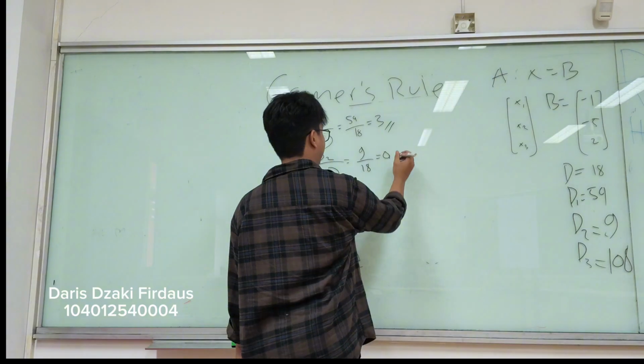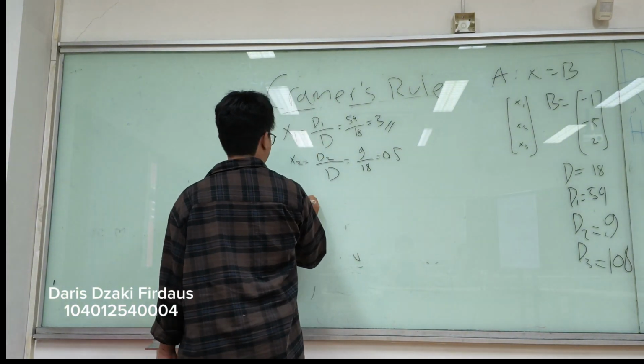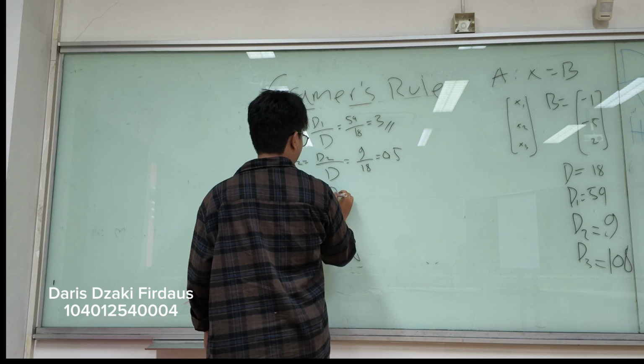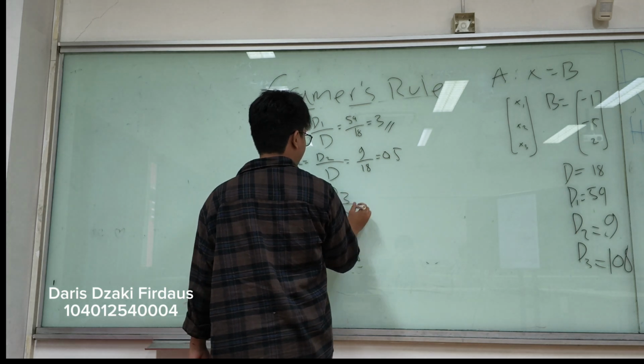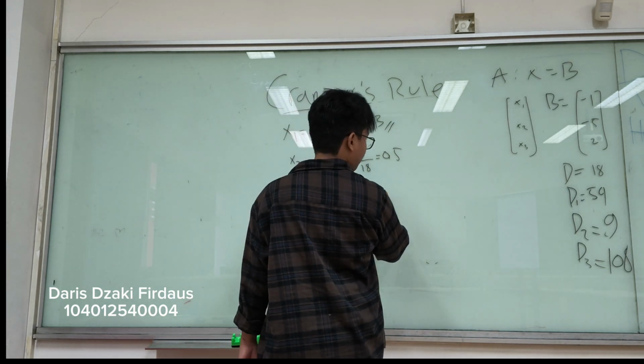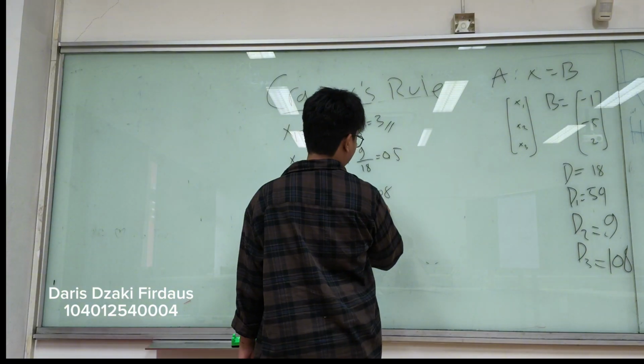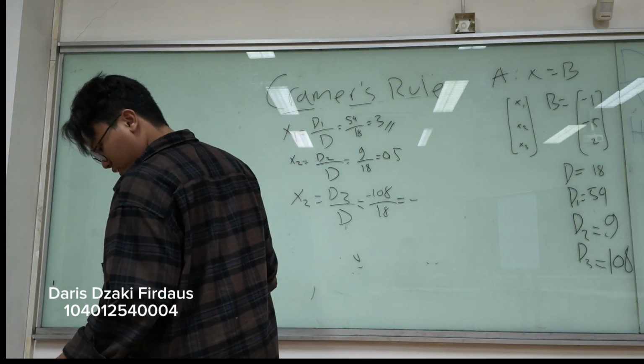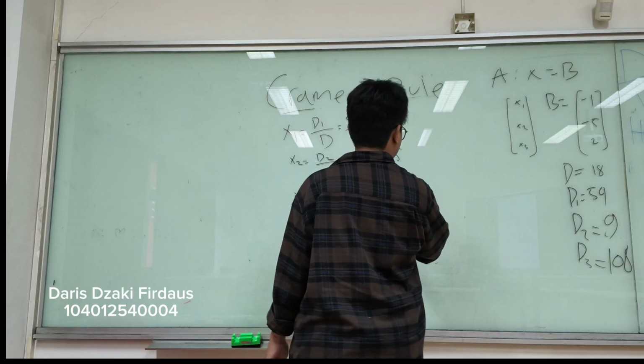Yeah, we have 0.5. And then last one is x3. D3 divided by D. We have minus 108 over 18 equals minus 6.